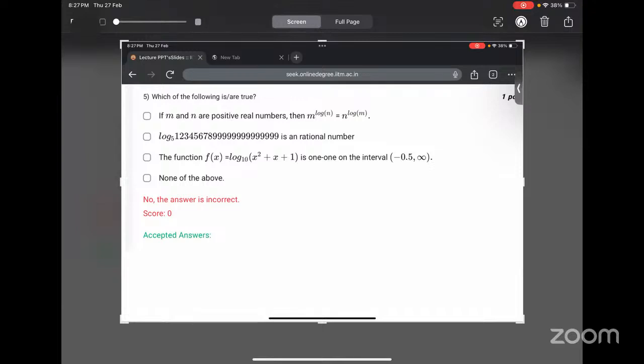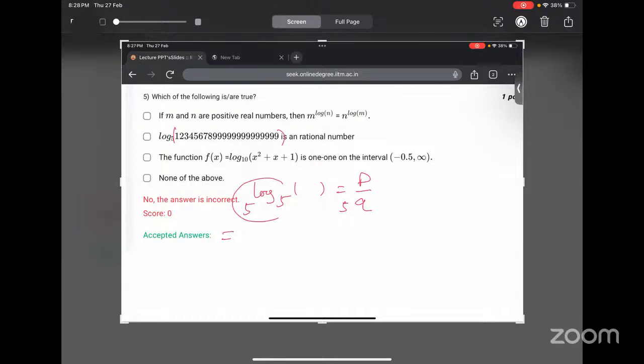If this is a rational number, we know that rational numbers are in the form p by q, right? That means log 5 of this number will be in this form p by q, where p and q are from integer and q is not equal to 0, right? Then again we can take 5 here, like 5 power the whole logarithmic and 5 power p by q.